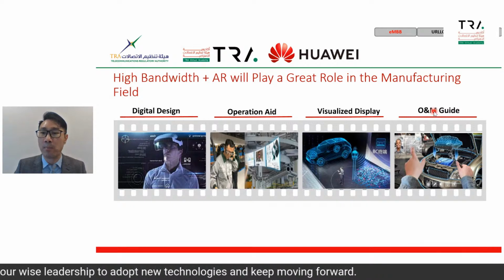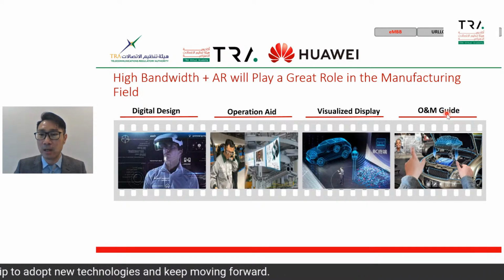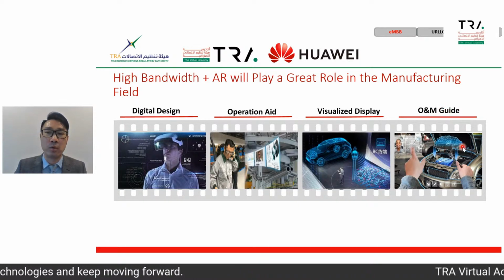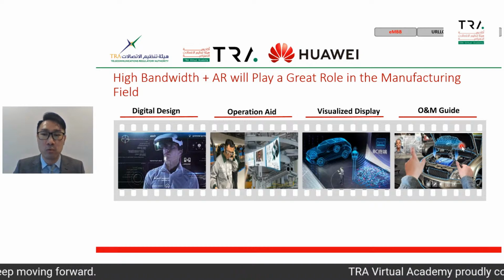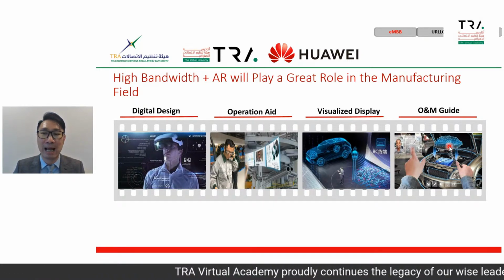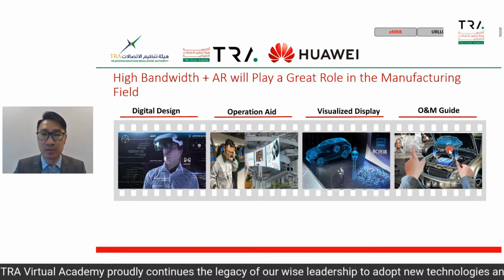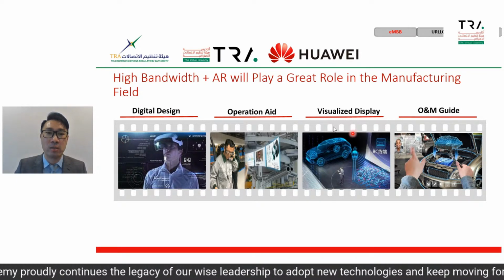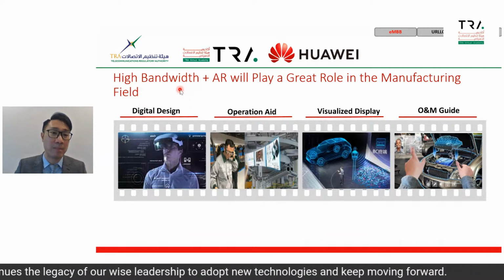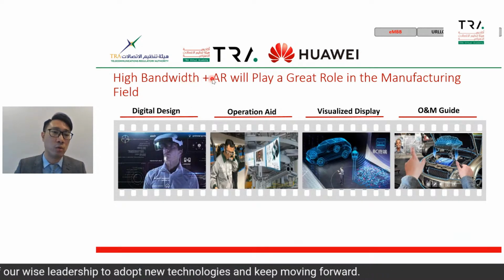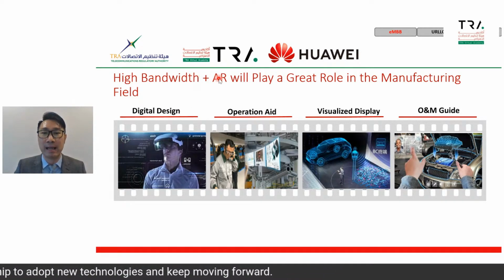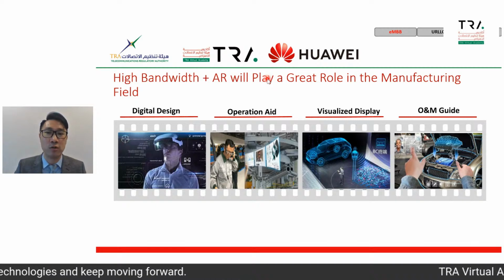And also operation and maintenance guides. It will let you know what you can do, step by step with the AR, and it will show you how to do the maintenance. So these are some of the applications that use high bandwidth and AR over 5G connections.